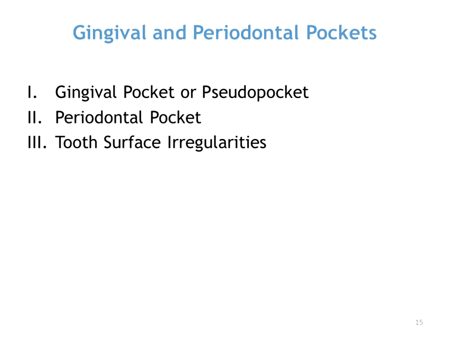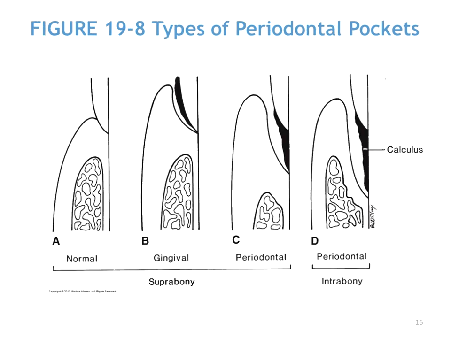A suprabony pocket is a pocket in which the base of the pocket is coronal to the crest of the alveolar bone. So if you look in the textbook, figure 19.8, A, B, and C, that's going to be on our next slide. So let me get that up here.